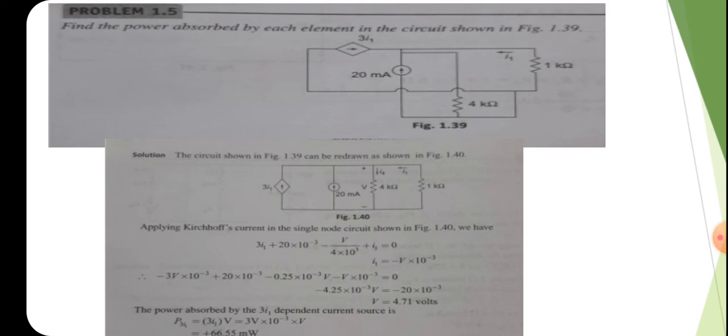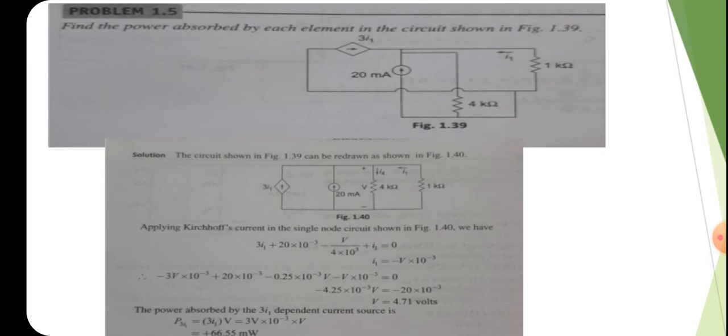And next is the 4 kilo ohm resistor. One end of the 4 kilo ohm resistor is connected to 3I1, and the other end is connected to the other end of 3I1. I am saying all these comments by seeing the figure in the question. I am simply explaining how you can redraw the circuit from the question.